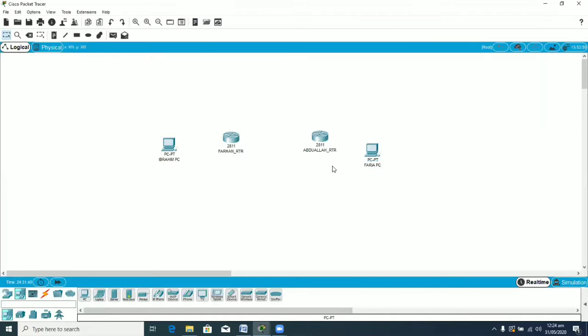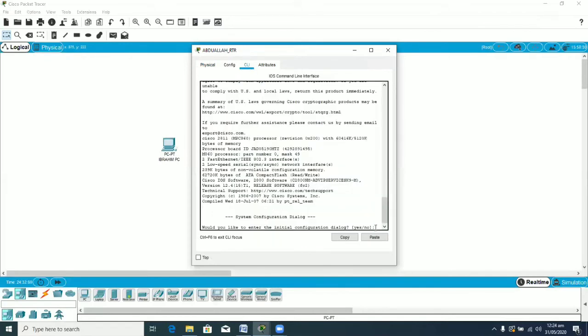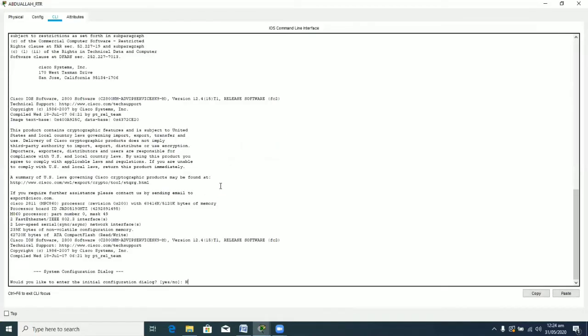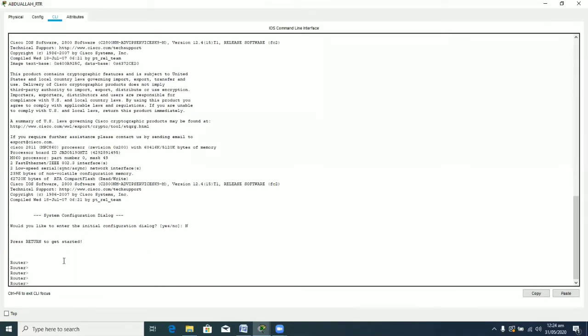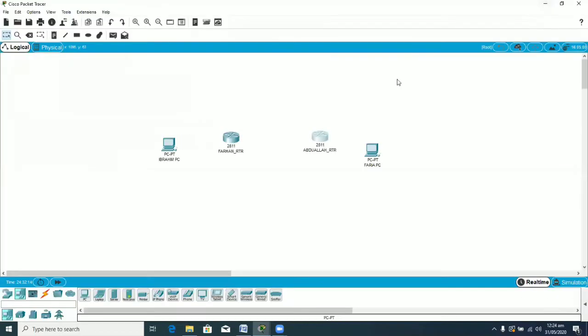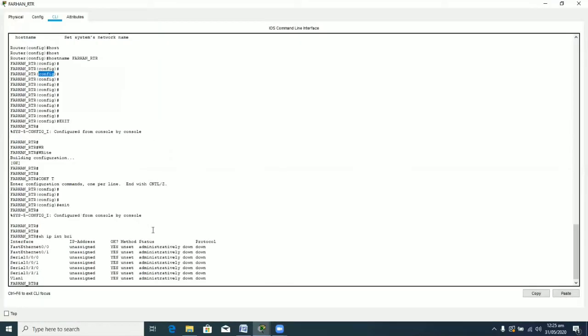So these different names are given, but providing names over here doesn't mean that inside the router the name also gets changed. You can see in the Abdullah RTR you first have the no command, because I told you that whenever you get the message of enter the initial configuration dialog, then press no over here, and there the router name is still written as before. In case of my Farhan underscore RTR, I did my configuration, therefore it is written Farhan underscore RTR.